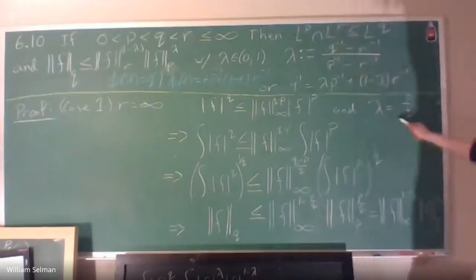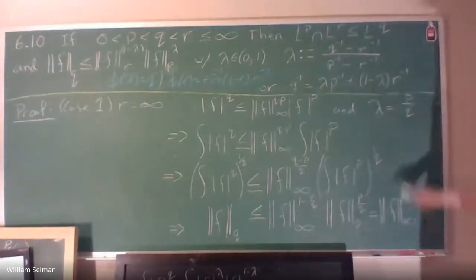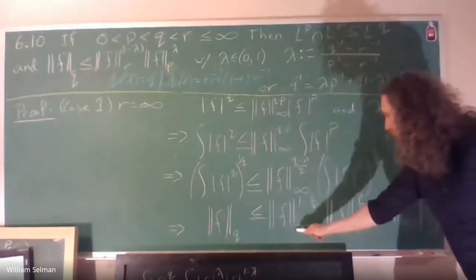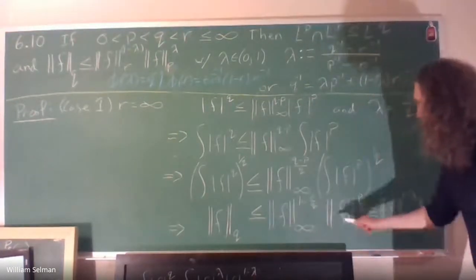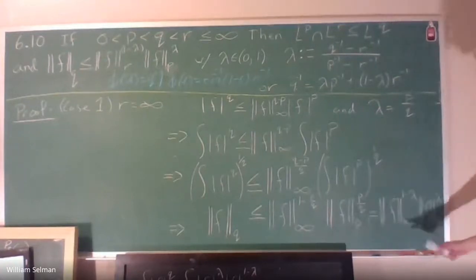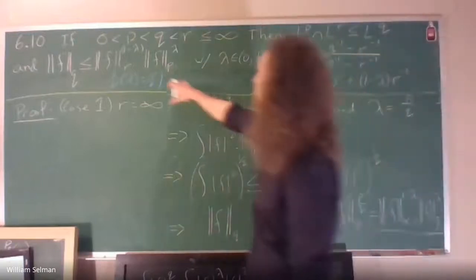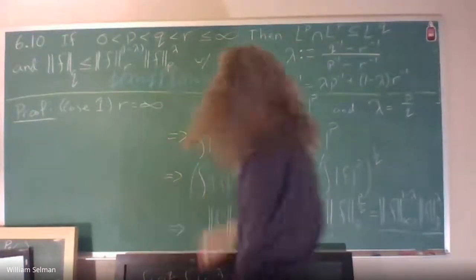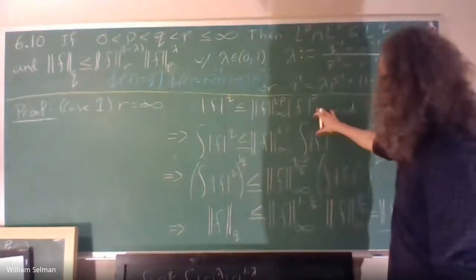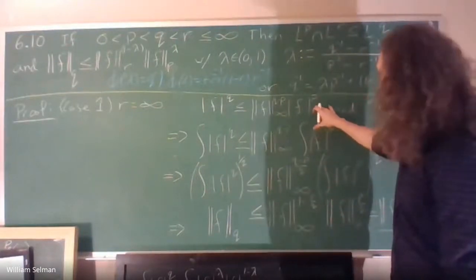Because lambda is equal to p over q, this thing here is just the uniform norm to the 1 minus lambda, and this is the p norm to the lambda, which is exactly what we wrote in our original inequality. So in the first case, it's a pretty straightforward integration and root extraction.